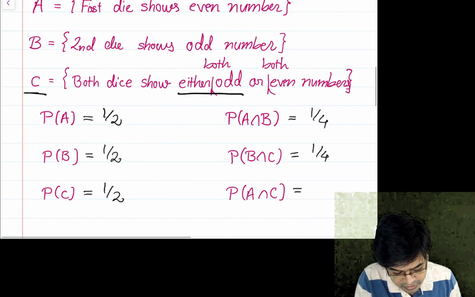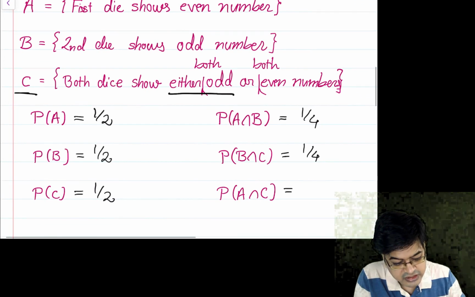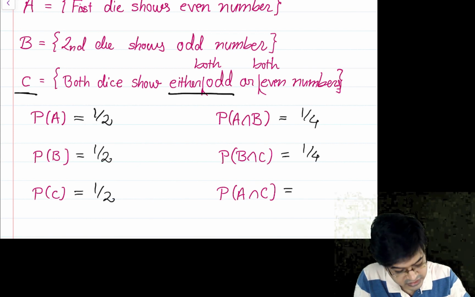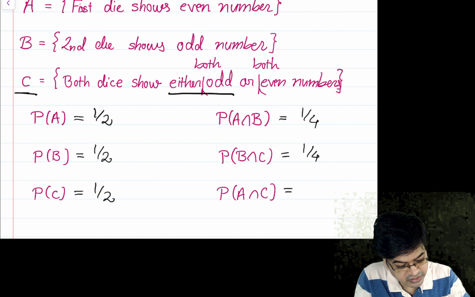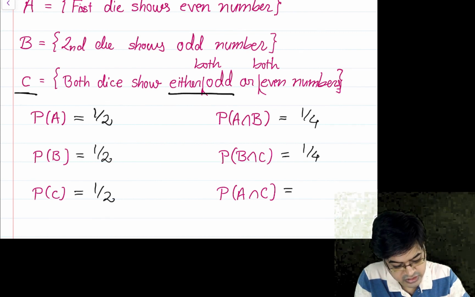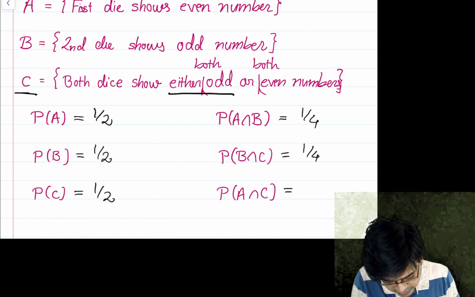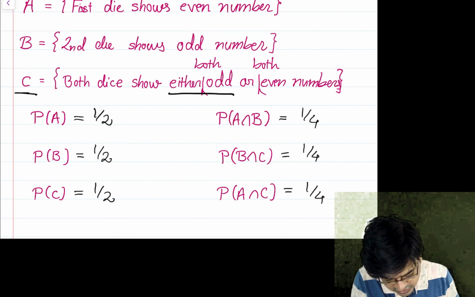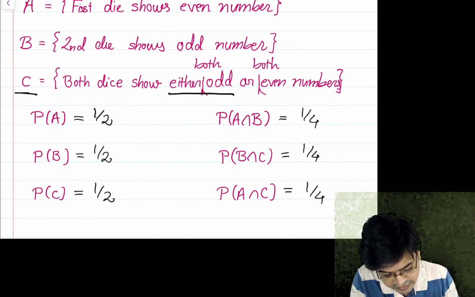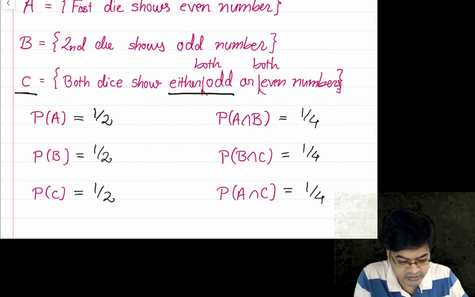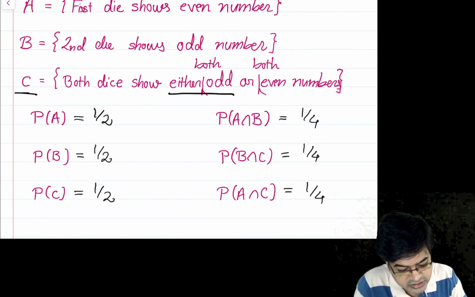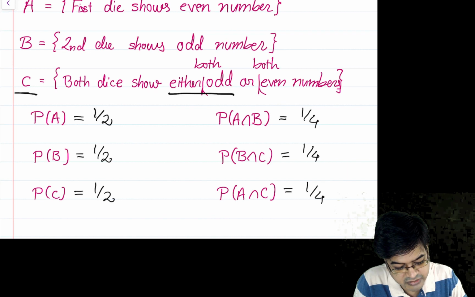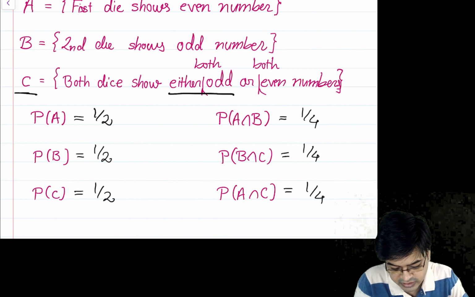Now what is the probability of A intersection C? I actually computed the probability of A intersection C over here, and now I will compute the probability of A intersection B, but the probability of A intersection B is very obvious because first die has an even number and second die also shows an odd number.